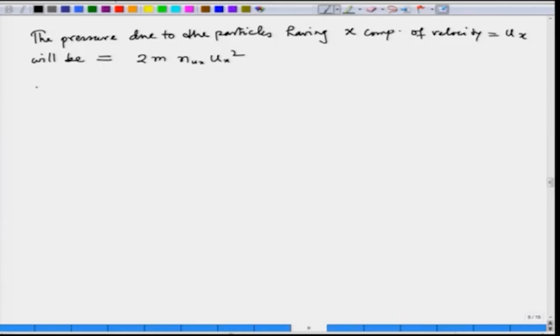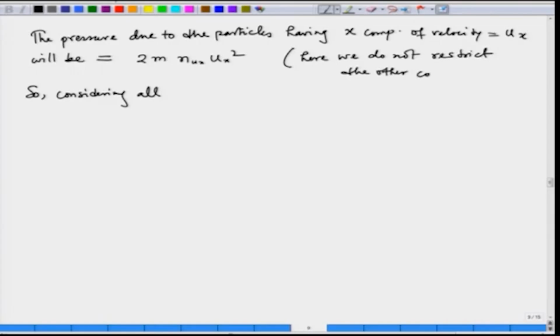Now, considering all possible velocities, so here we do not restrict the other components of velocities.